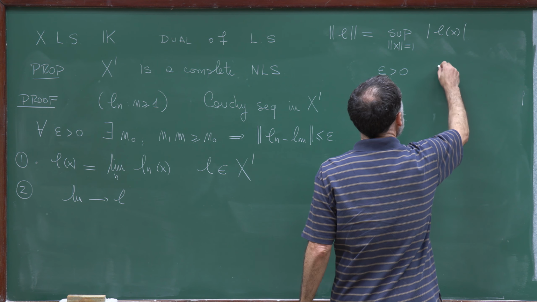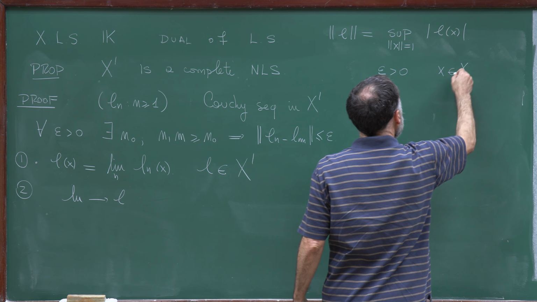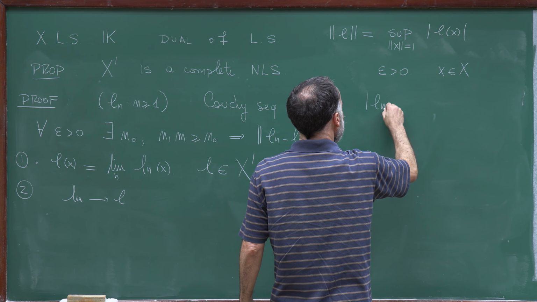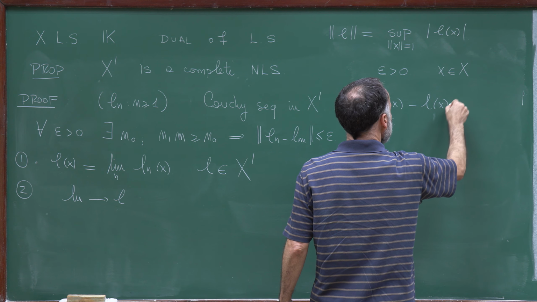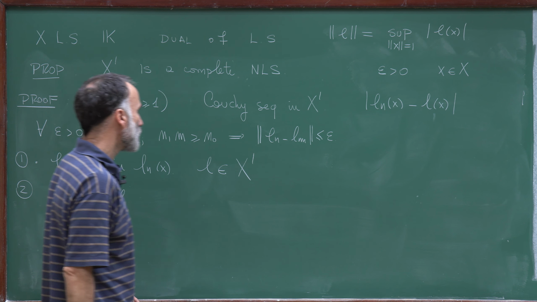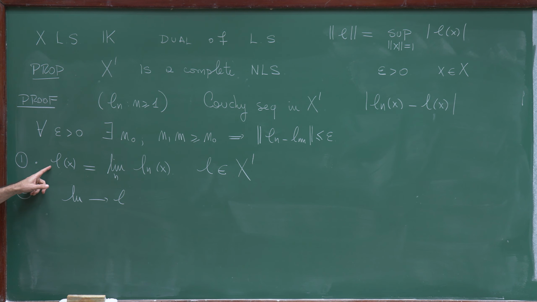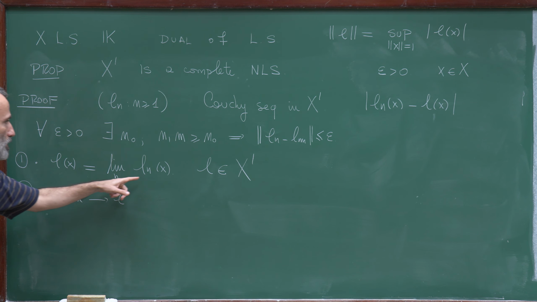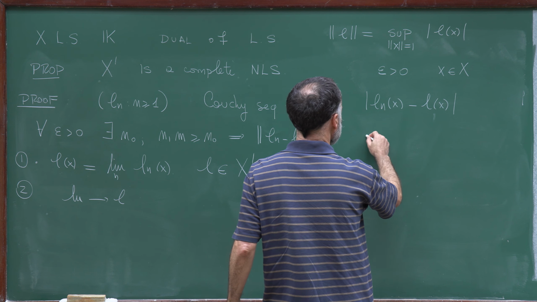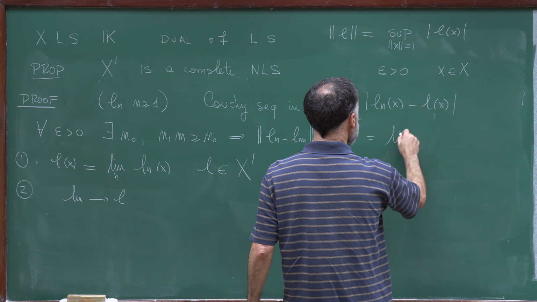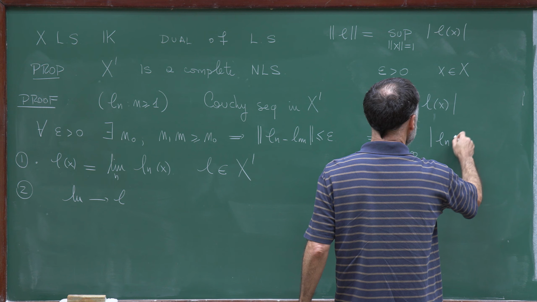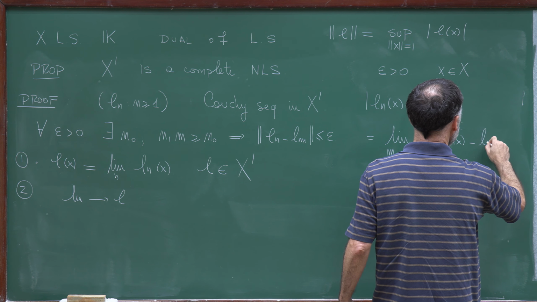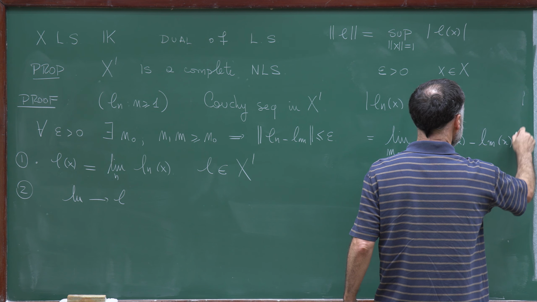Now let me fix an x. So I know that Ln x minus L of x, well, by definition of L, this is the limit as m goes to infinity of Ln x minus Lm x.